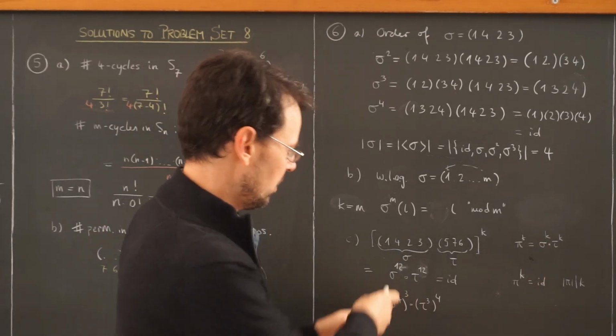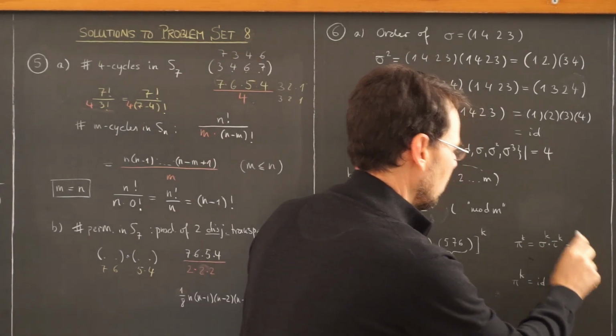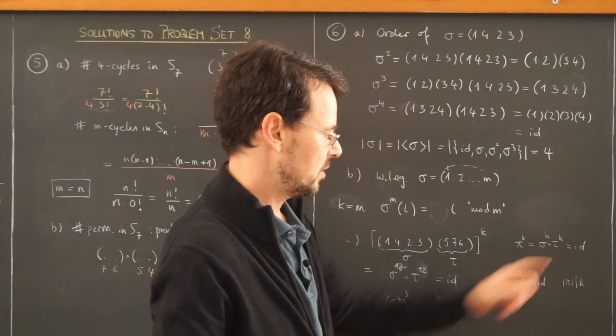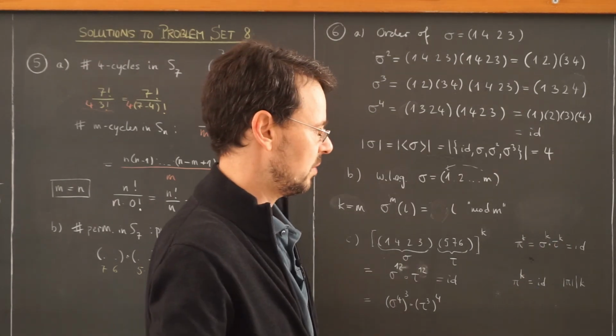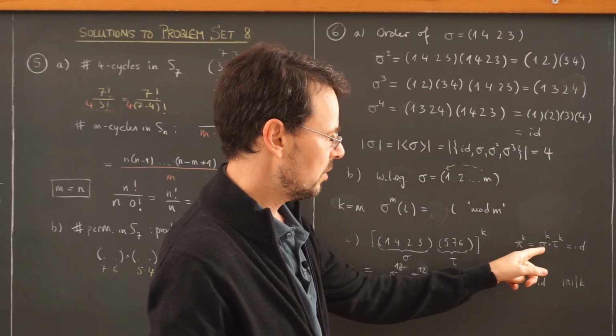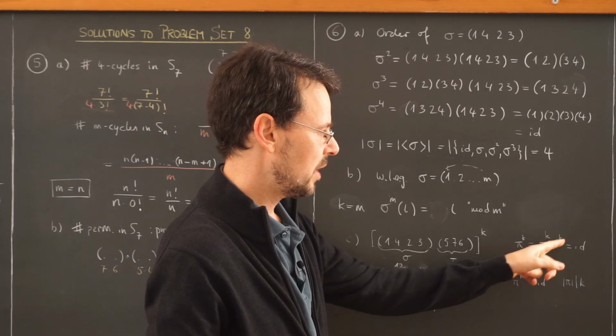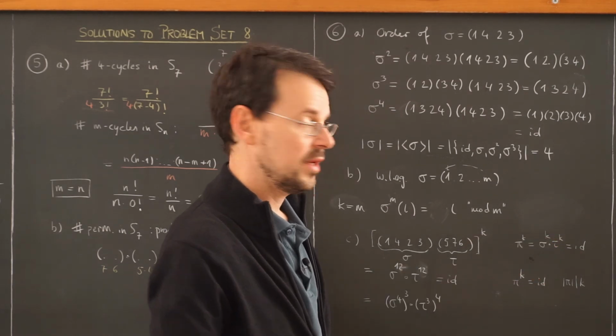But from this, if this is the identity, then those guys already must be the identity, as explained before. But that means, again by the hint, that the order of sigma divides k and the order of tau divides k. What does that mean?